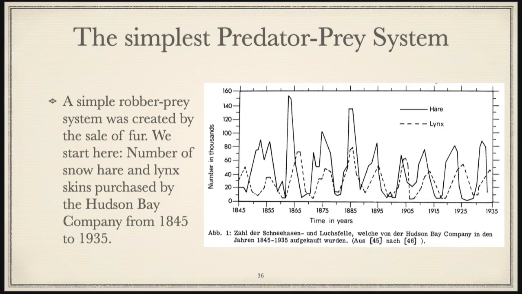We start here the number of snowshoe hare and lynx skins purchased by the Hudson Bay Company from 1845 to 1935. This is a very horrible diagram, but we can see here are some interesting differences, some phases. We must look further.